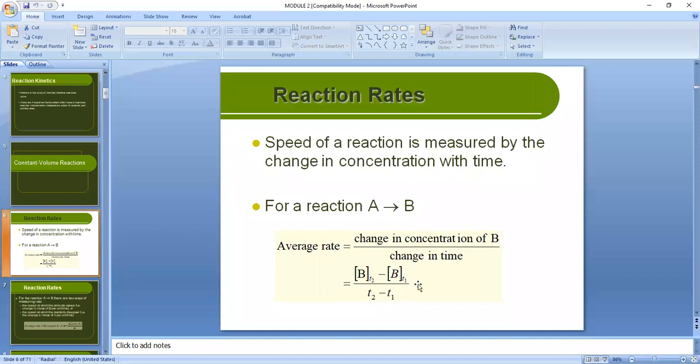For instance, you're given this particular reaction of A being converted to B. When we speak of the average rate, we simply take into account the change in the concentration of B over the change in time. It's very different when we say the average rate or the instantaneous rate. What you have learned in your chemistry is just the average rate of reactions, taking the differences of the two values, concentration and time. So this is average rate.